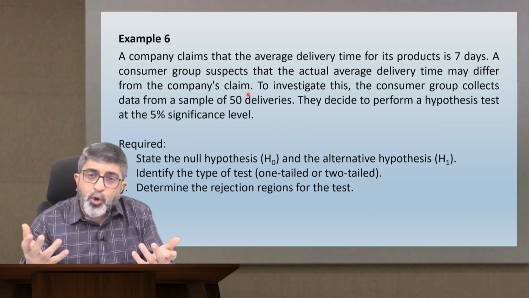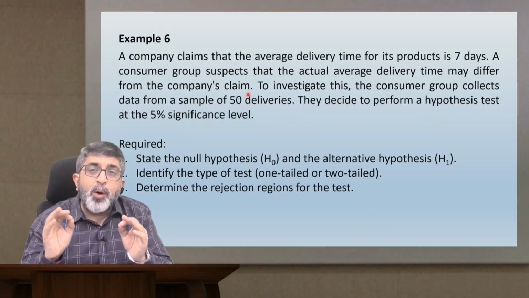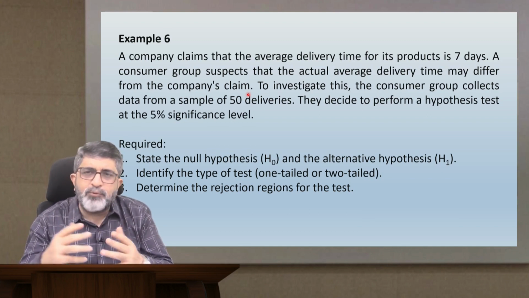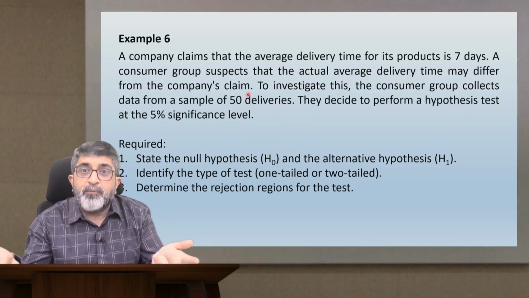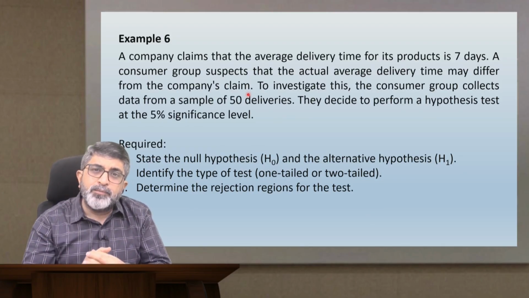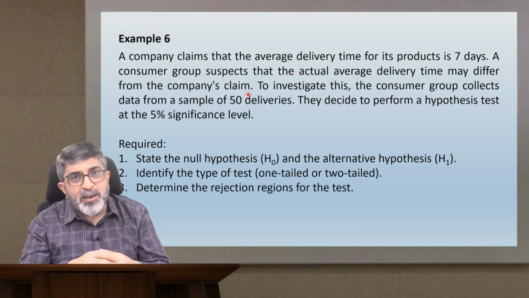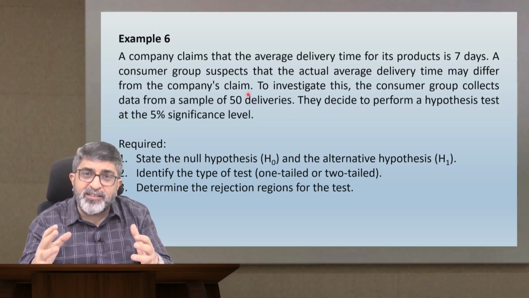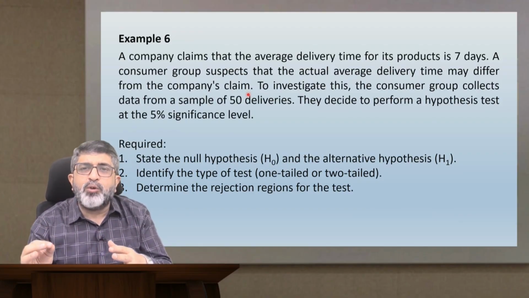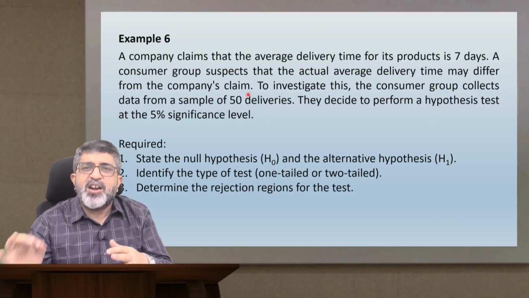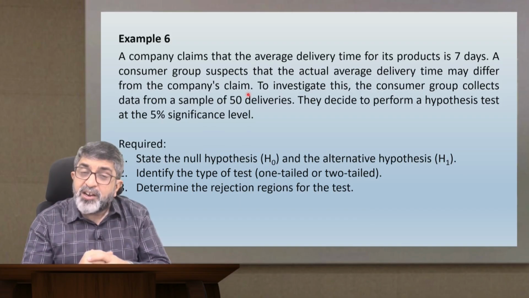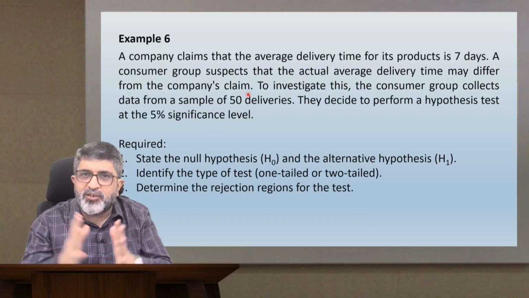Now we have no clue about the population standard deviation or the population variance. But one thing is for sure, as per the central limit theorem, if the sample size is sufficiently large, which in this case it is, you are going to presume the standard normal distribution. In other words, you will consider the Z distribution and not the T distribution.